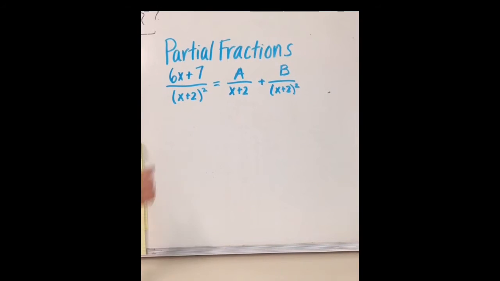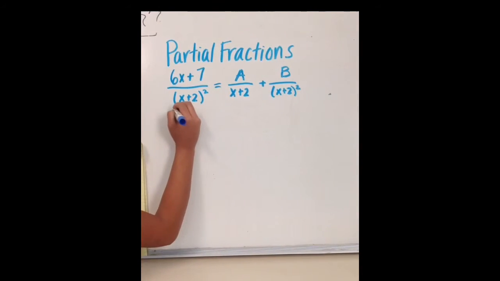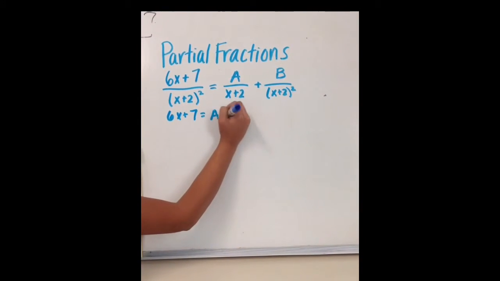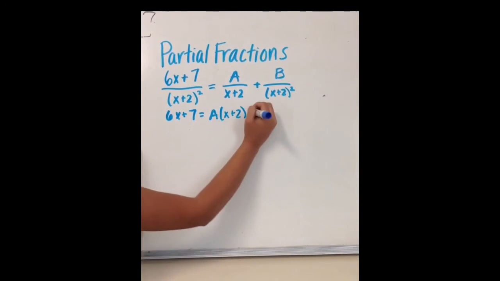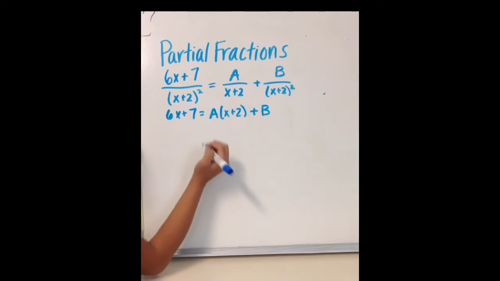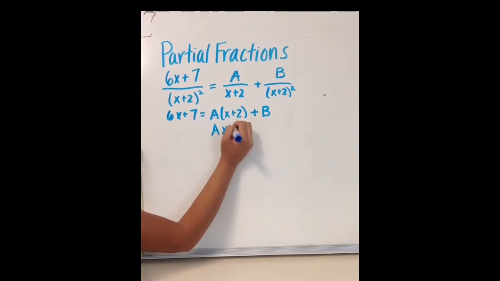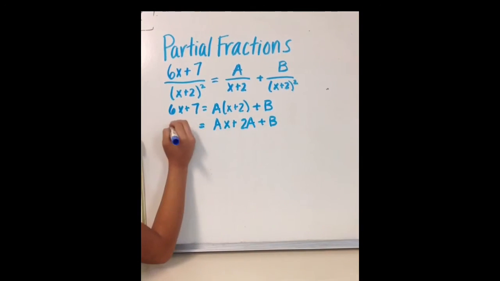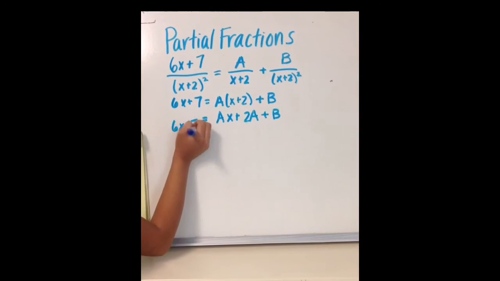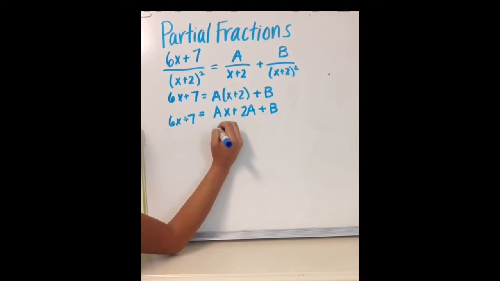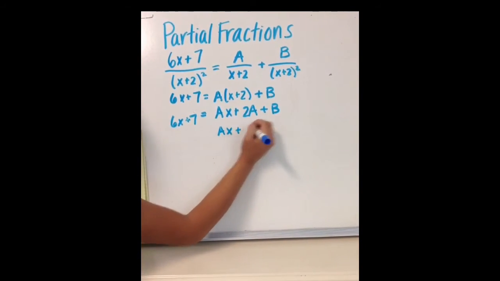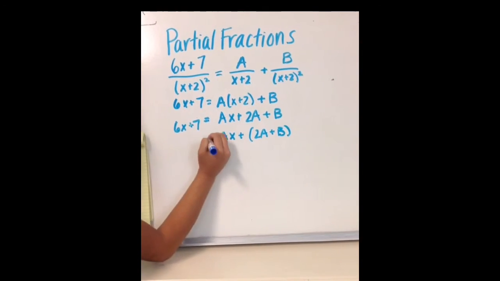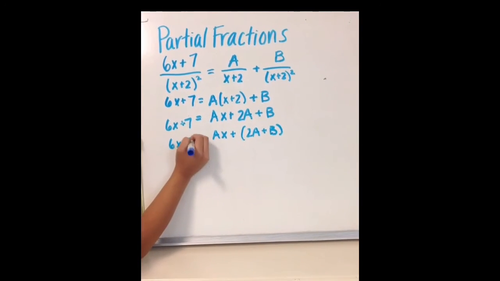Then we multiply by the denominator, (x plus 2) squared, so we get 6x plus 7 equals A times (x plus 2) plus B. Then we multiply out and group by terms, so Ax plus 2A plus B is the constant, 6x, and 7 is a constant.